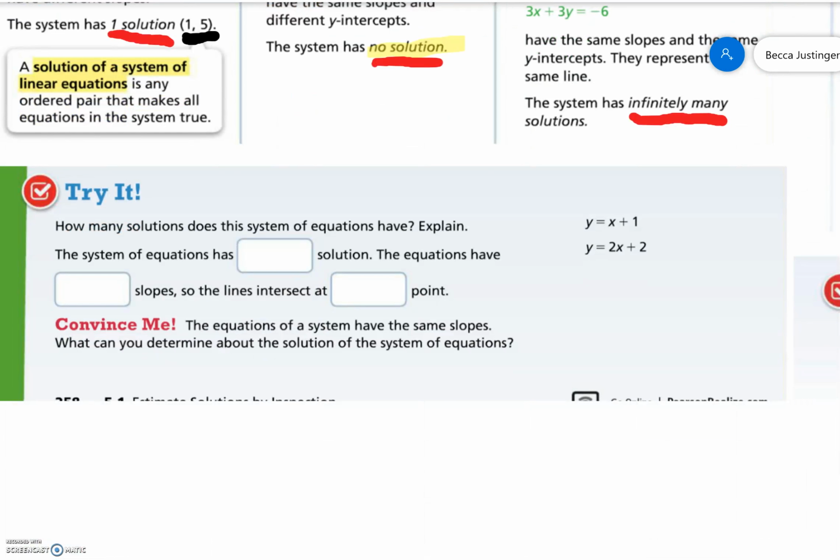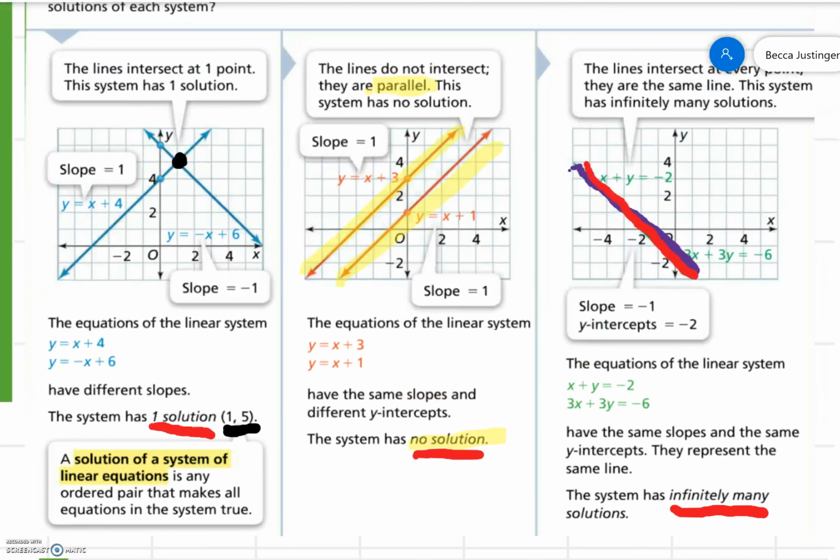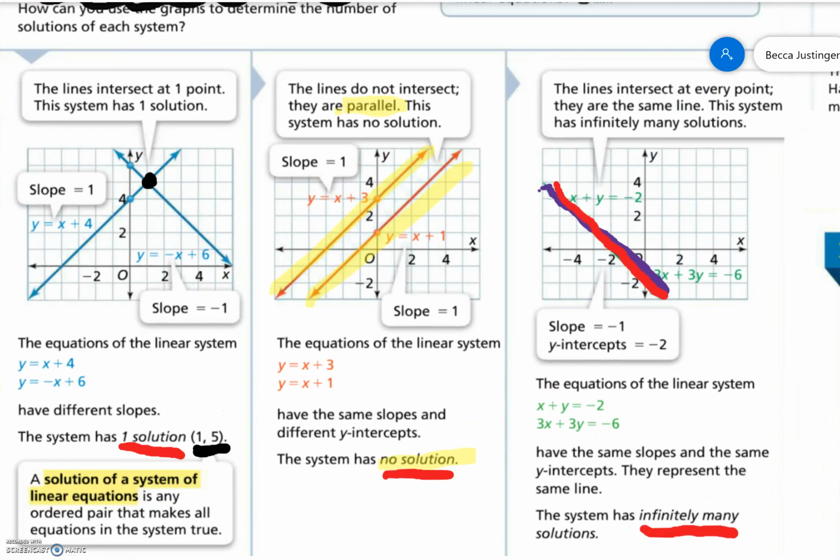Try it. How many solutions does this system of linear equations have? Explain. Okay, so we have 2 lines. I want to go back and explain something really quick. Looking at the equations here, when there was one solution, they had a different y-intercept.